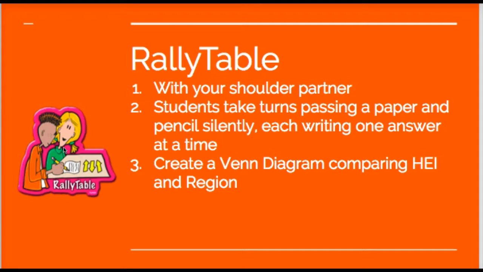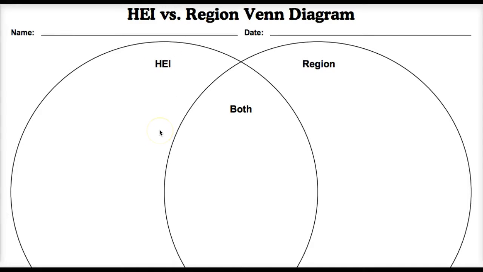And I will give you your timer for this. So let me give you an example and give you the prompt. So if it was my turn to go without talking, and my partner's just watching so that they're trying to come up with one that I haven't written down yet, I might write in HEI, I might say, no boundaries.